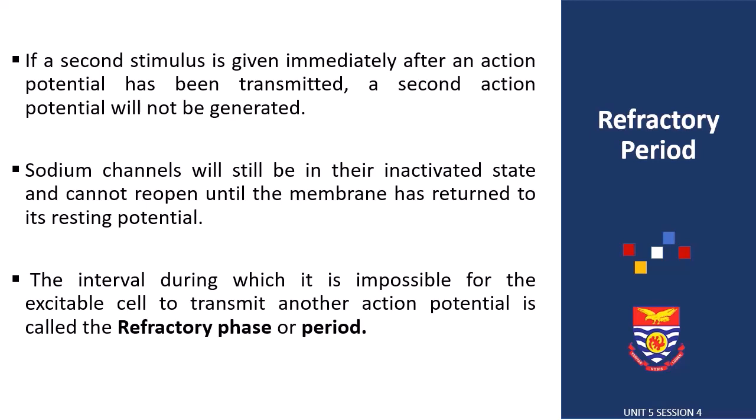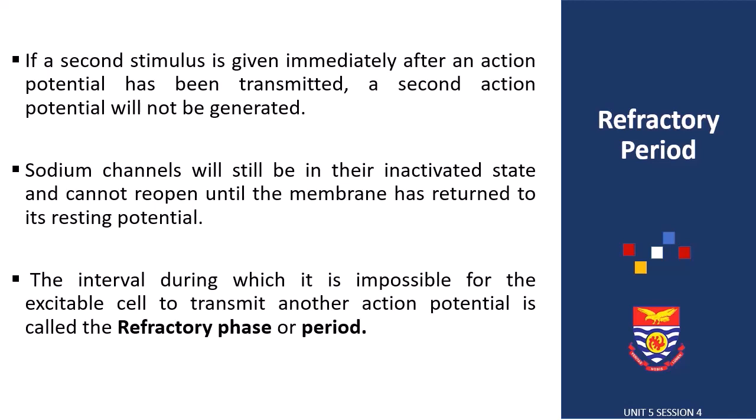In the course of transmission of action potential along an axon, a second action potential could not be generated when a second stimulus is given immediately after an action potential has been transmitted. And this is because the sodium channels will still be in their inactive state and cannot reopen until the membrane has returned to its resting potential.